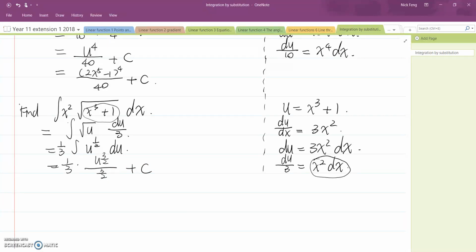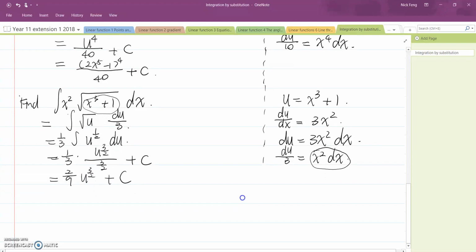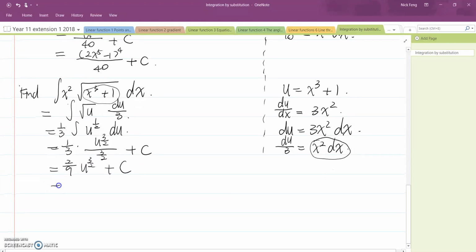So now everything is clear. That's 2 over 9, u to the power of 3 on 2 plus c. And again, don't forget that's not the end of the question because you're not looking for u. You are supposed to be looking for x. Therefore, that is (x cubed plus 1) to the power 3 over 2 plus c. And there are lots of different ways of expressing this.